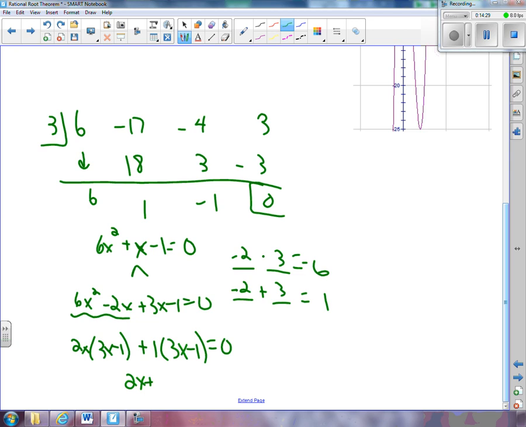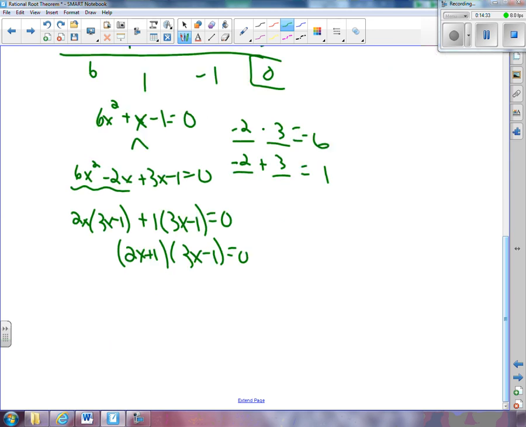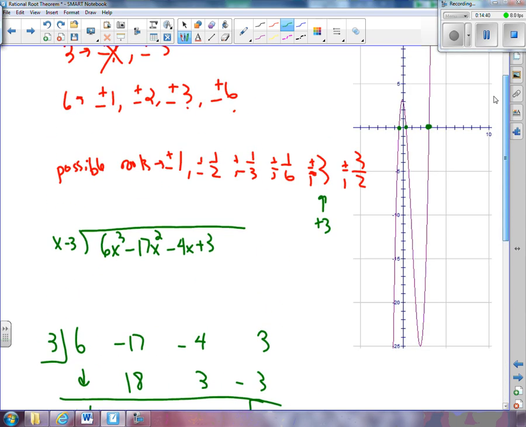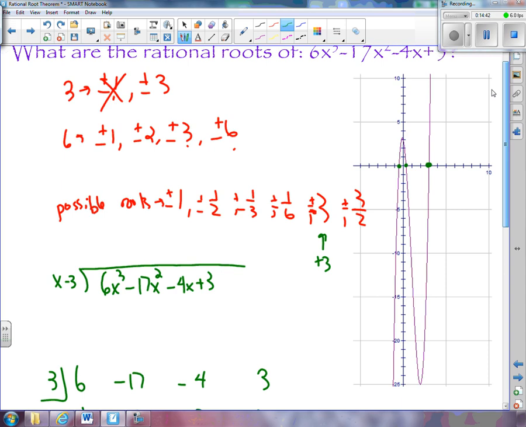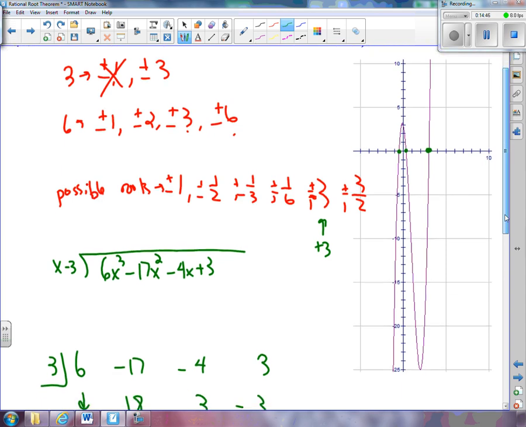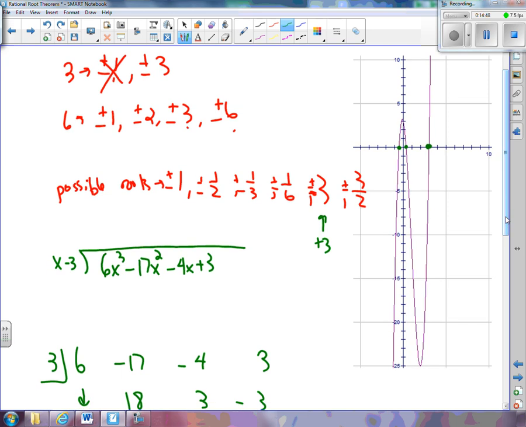So 2x plus 1, 3x minus 1. So my answers are -1/2 and 1/3, which agrees with what your graph has here. It looks like this could be -1/2 and this could be positive 1/3. So now I have all of my rational roots. You'll notice that -1/2, positive 1/3, and 3 were all listed in my original list of possible roots. So it worked.